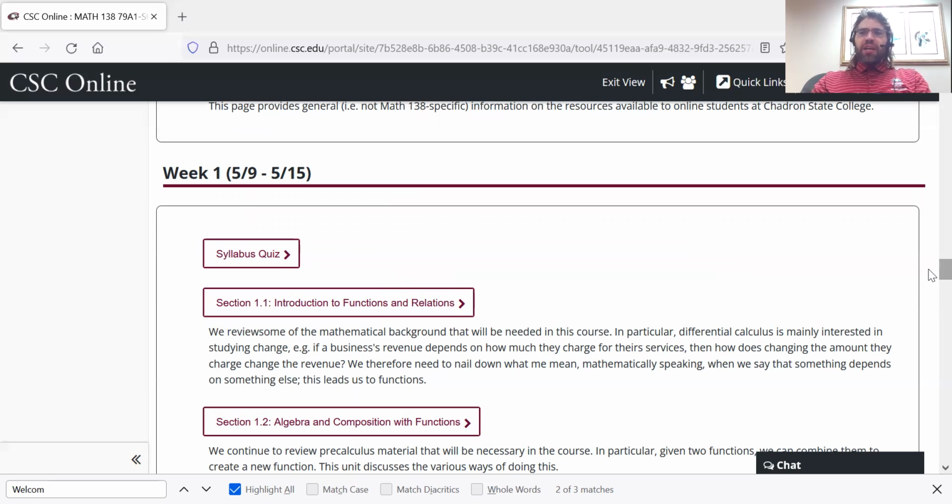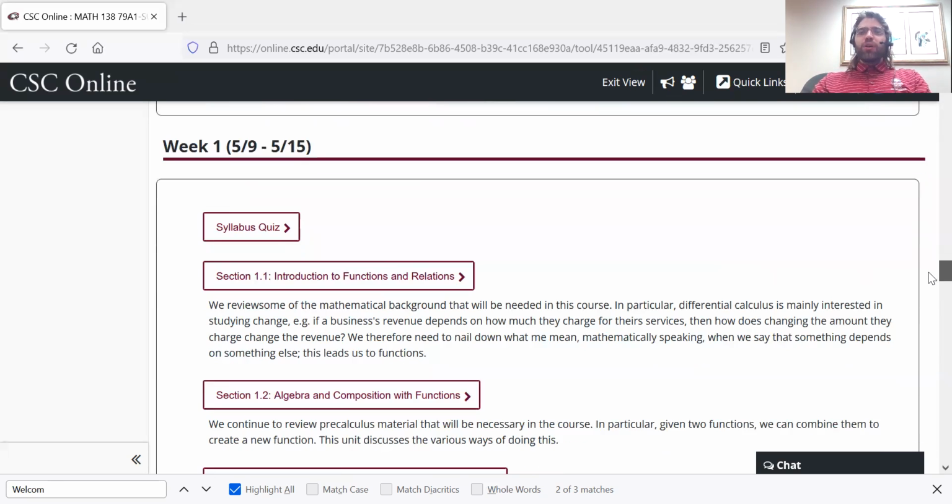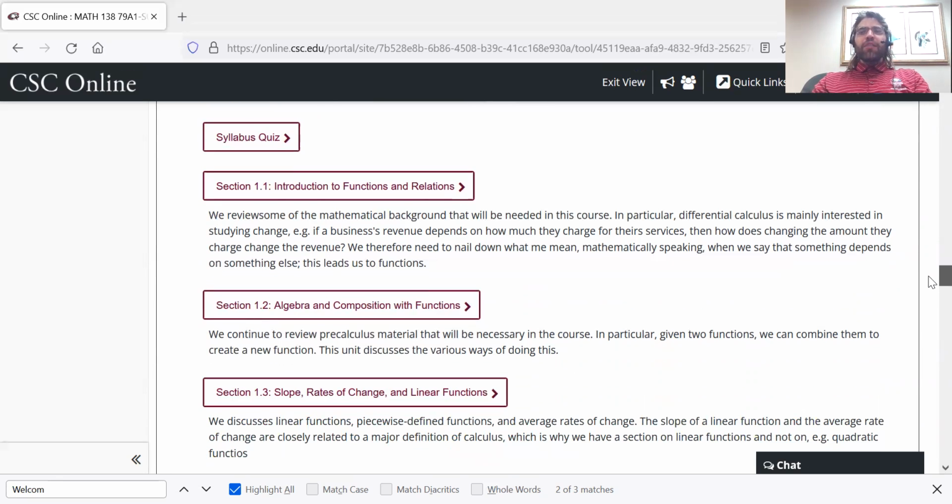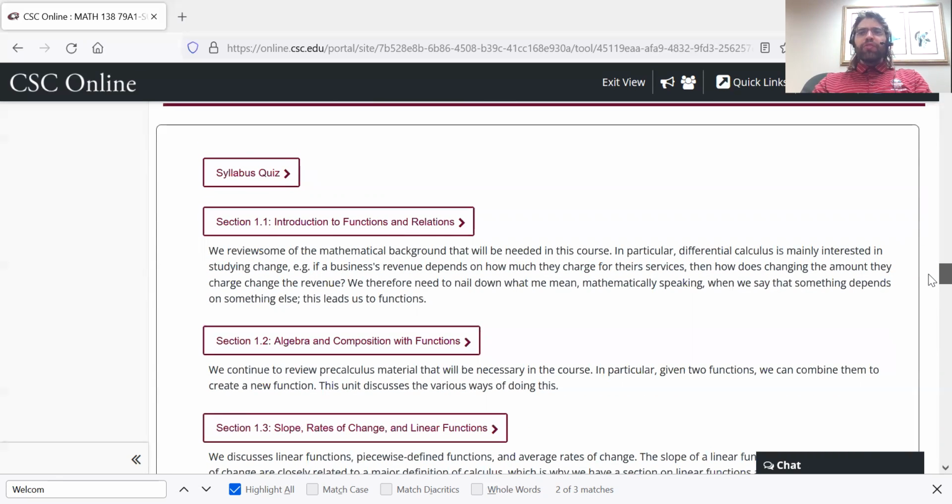Now, having said that, this is 16 weeks of material being crunched into an 8-week course. So there's a lot of stuff to look at and not a huge amount of time to look at it. And if you allow yourself to get significantly behind, I don't think you're going to be able to catch back up again.